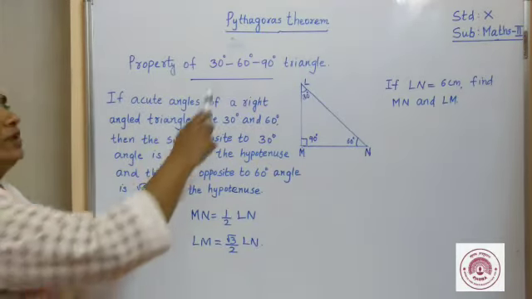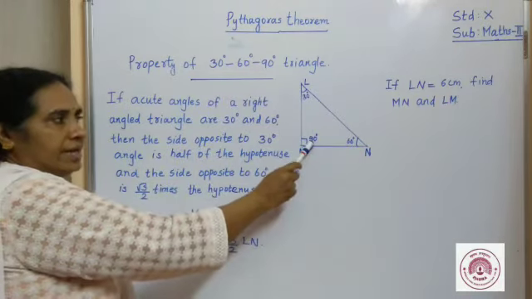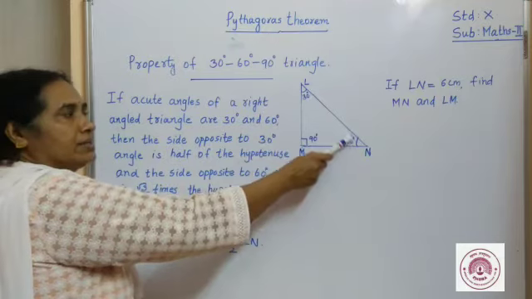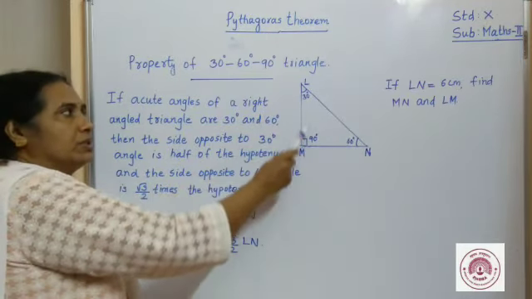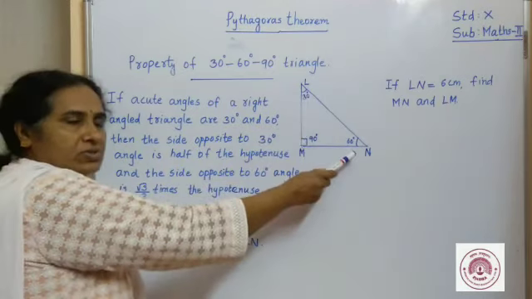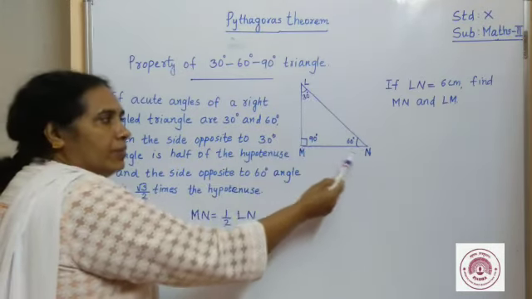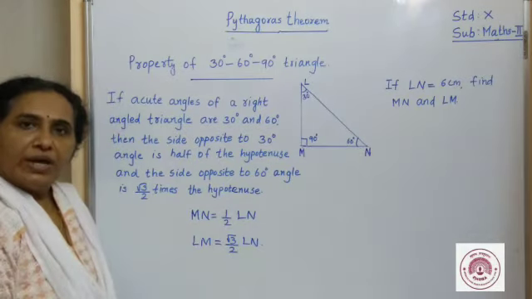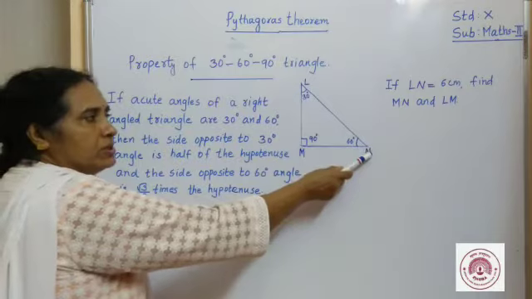That is, if the acute angles of a right angled triangle, where one angle is a right angle of 90 degrees, are 30 and 60 degrees, then the side opposite to 30 degrees, here in this triangle MN, is equal to half of the hypotenuse, that is 1 by 2 into LN.